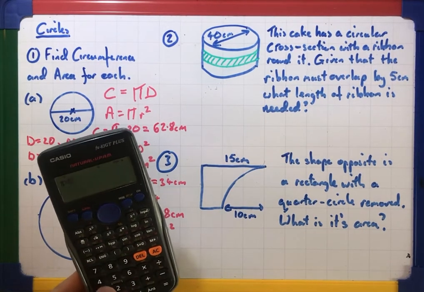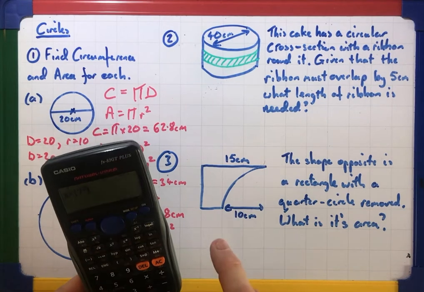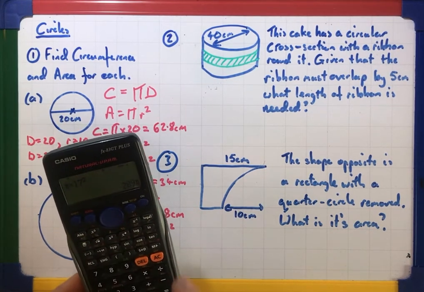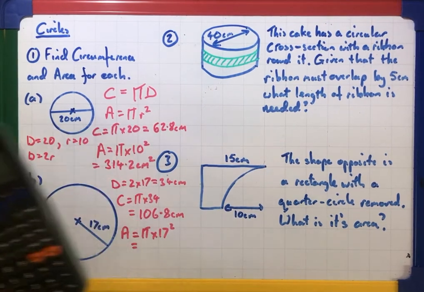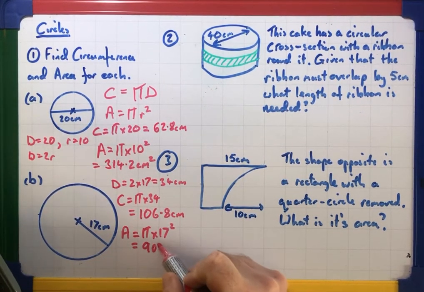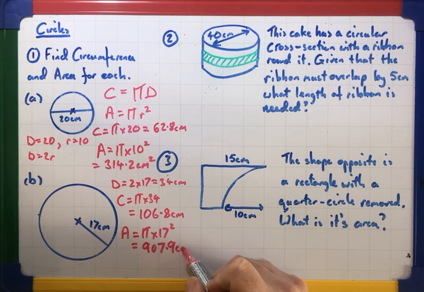Pi times 17 squared, 289 pi, change it to a decimal, 907.9. And remember, it's an area.